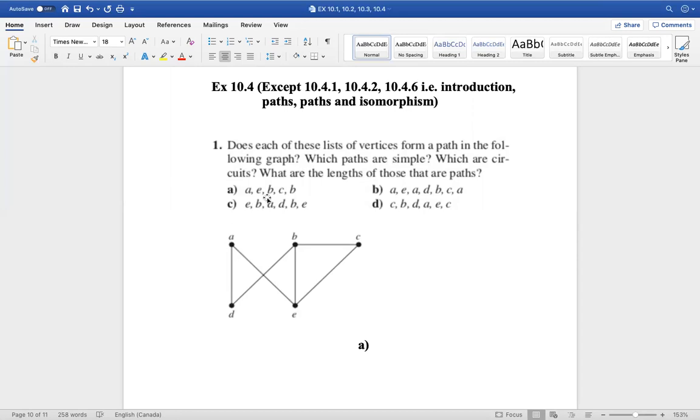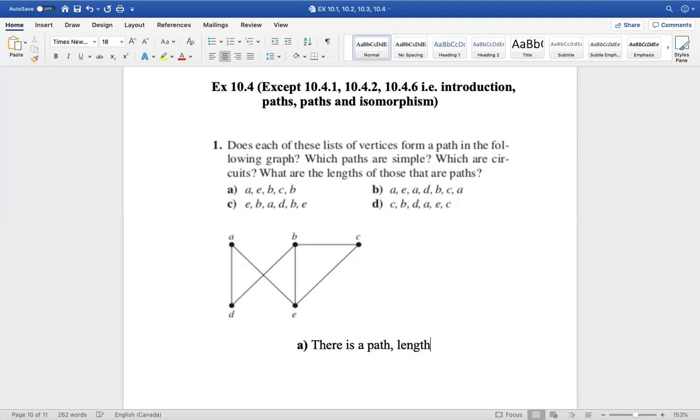For question A, we have A, E, B, C, B. Is there a path from A to E? There is, so we take this path. Is there a path from E to B? So we take this path. Is there a path from B to C and then back to B? Yes, there is. So I can take this path and come back to that node.